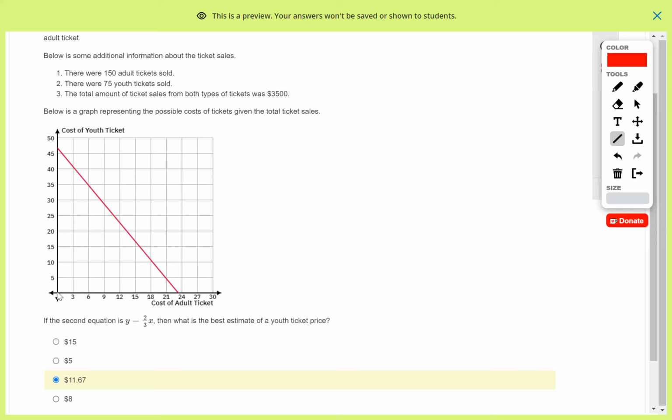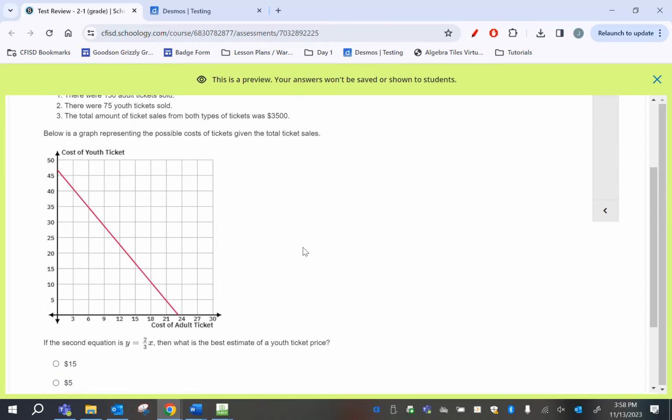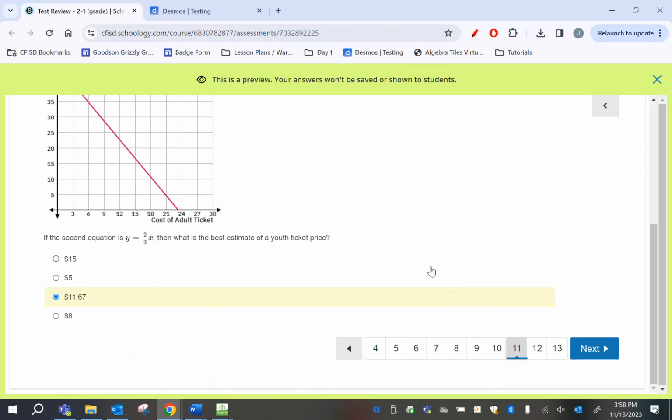It's y equals 2/3, so your y is just 2/3 of whatever your x is, and that looks to be just about right. It doesn't have to be perfect. You don't even necessarily need a line on the paper. You can kind of just estimate as you go up. That's the best way I recommend handling a question like this. It is tricky. It is very convoluted and confusing looking, but that's how I would process it.